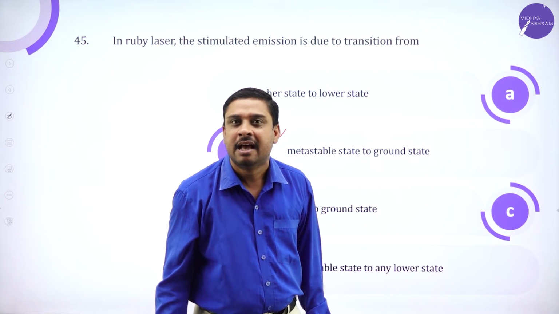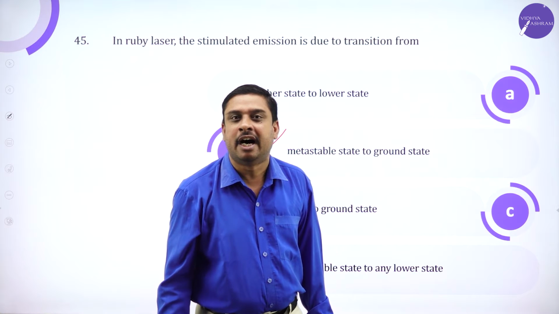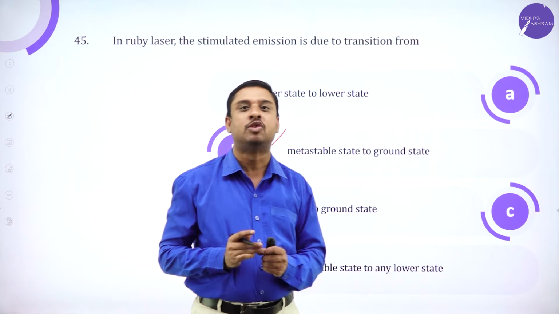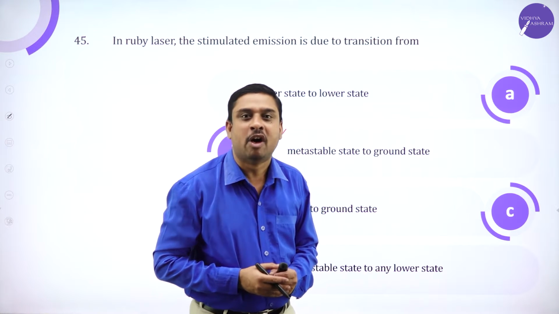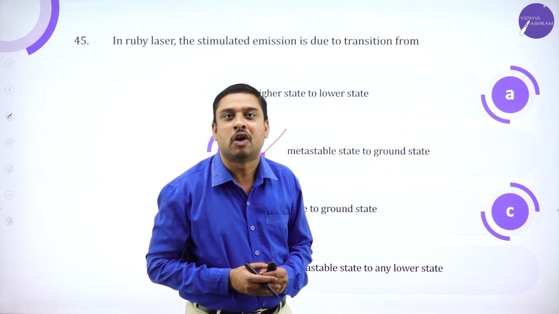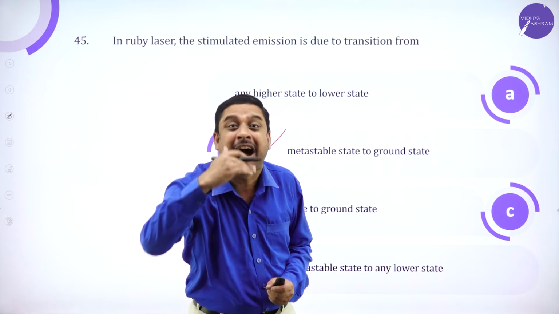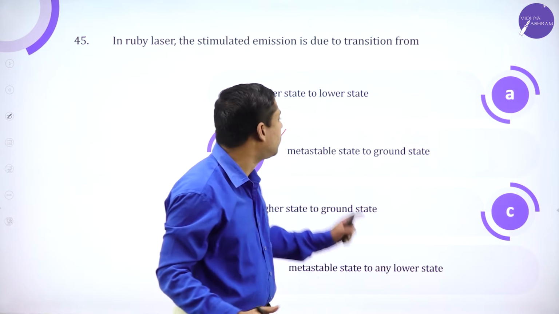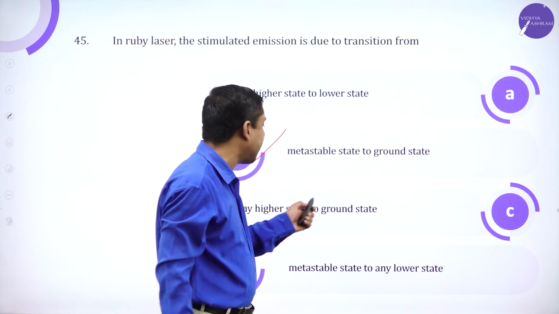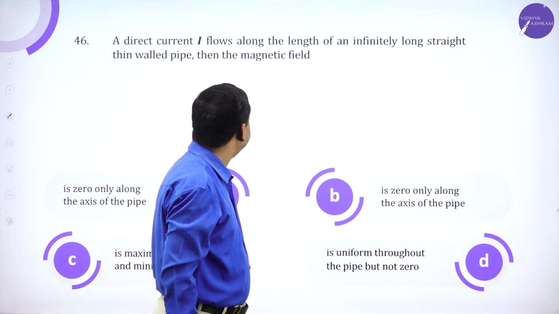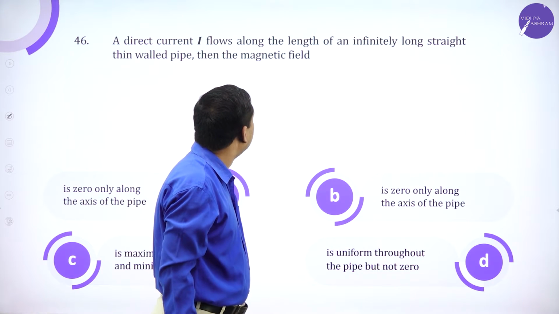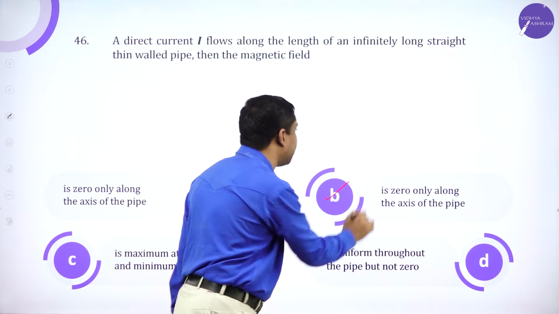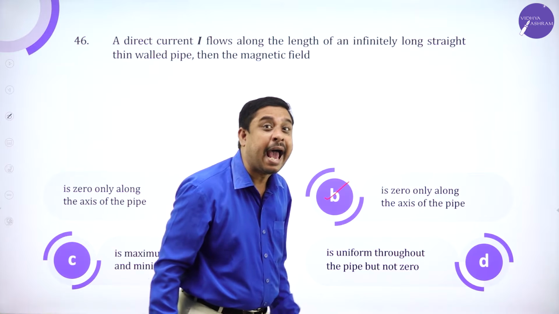Unlike other elements, here the atoms do not directly come from the excited state to the ground state. For the working of a laser, the ions or atoms first come to a metastable state, in between the excited and the ground state, and then go to the ground state. Direct current I flows through the length of an infinitely long straight wire, then the magnetic field is 0 along the axis of the pipe.